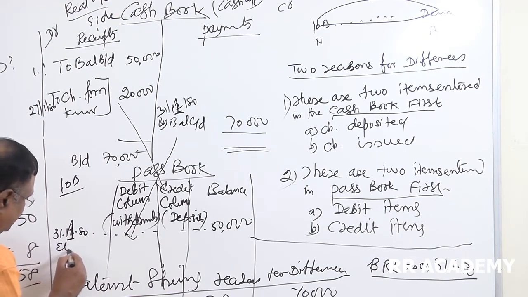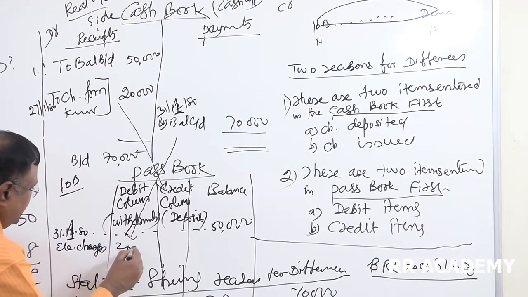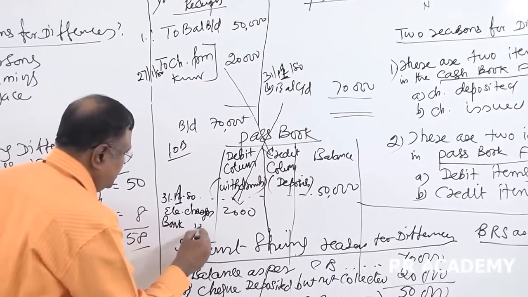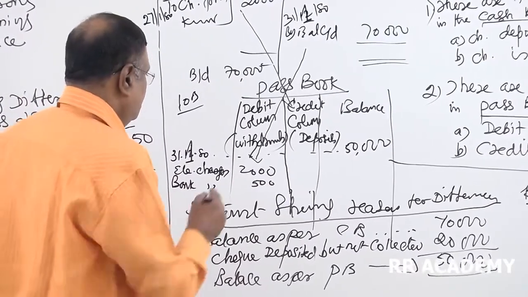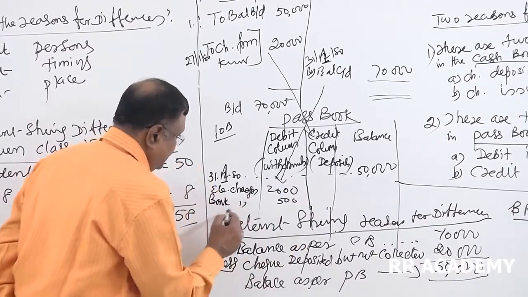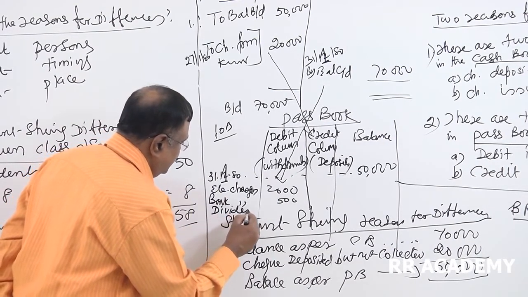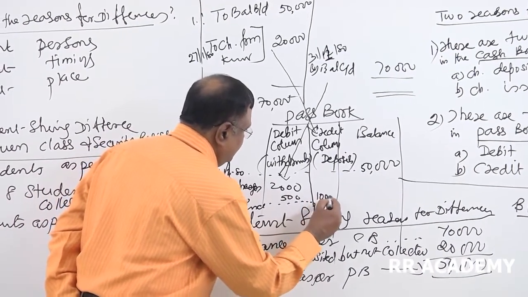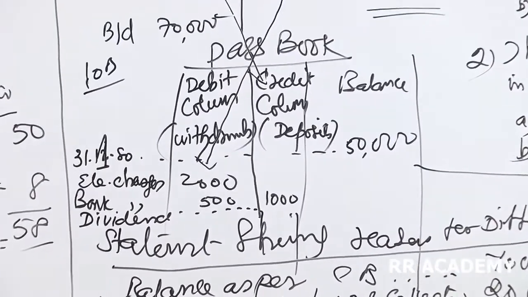For example, electricity charges 2,000, bank charges 500. Likewise, some amount will be credited. Say, for example, dividend, another 1,000.